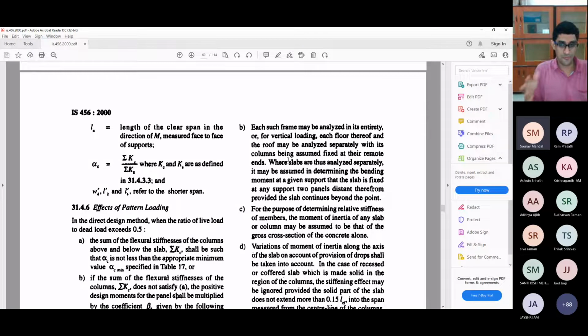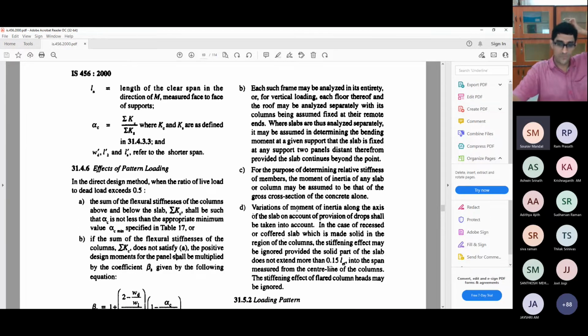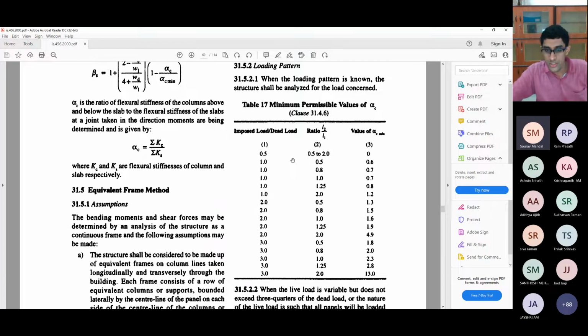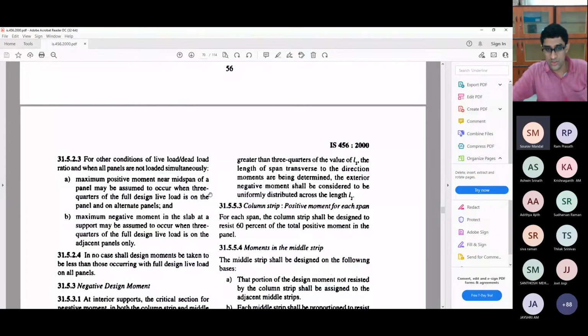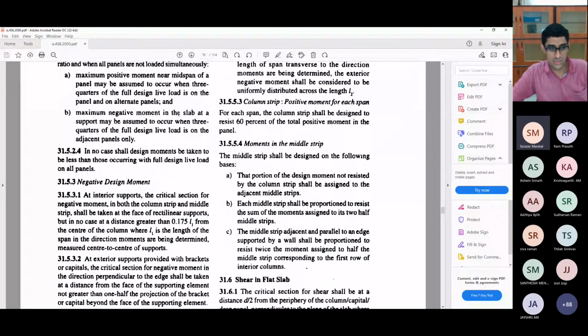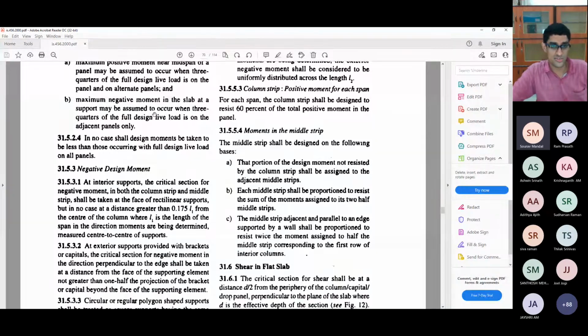You may analyze it with all the loads together, or you can separate the loads and analyze them separately. When you analyze them separately, it may be assumed in determining the bending moment that the slab is fixed at any support 2 panels distance from there. These are all extra provisions. I don't want to go into those things.